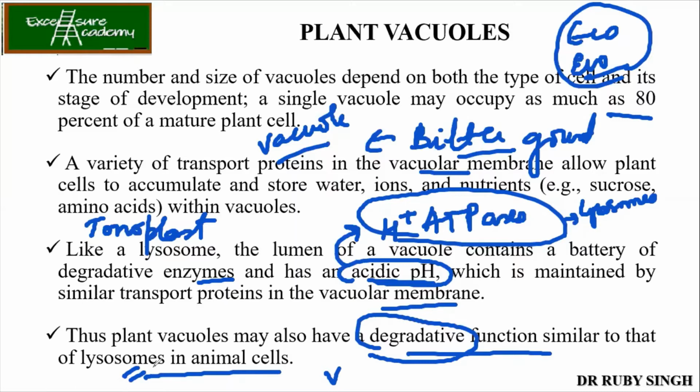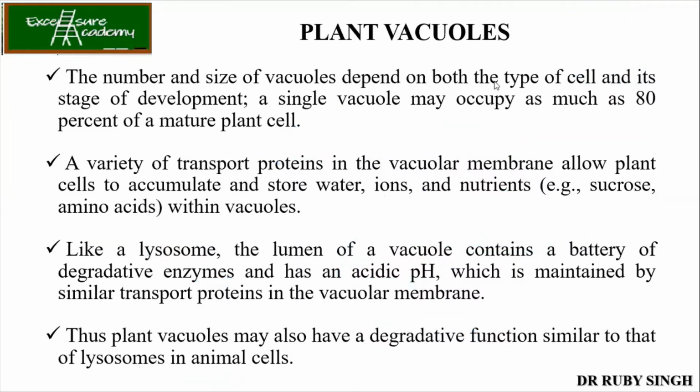Within the vacuole, the hydrolytic enzymes cleave them, and the phospholipids, amino acids, sugars, whatever is present, get recycled. So in the case of plants nothing goes wasted.